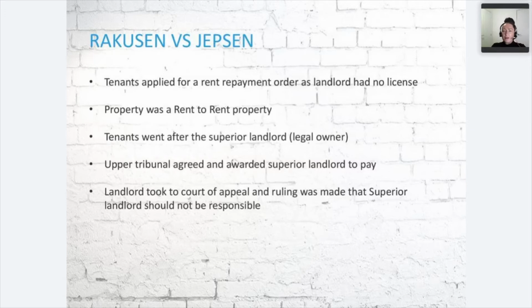So Mr. Smith, under a rent-to-rent contract, a management contract, not an AST, let this property to Ali Durant. Ali Durant then let the property to 6 people as a HMO and didn't have a license. Mr. Smith, bear in mind, knows nothing about what Ali Durant is doing because he's got his agreement, he's having his rent and he's happy. Right. So what happened was there was no license. It was a HMO. The tenant took the landlord to court.